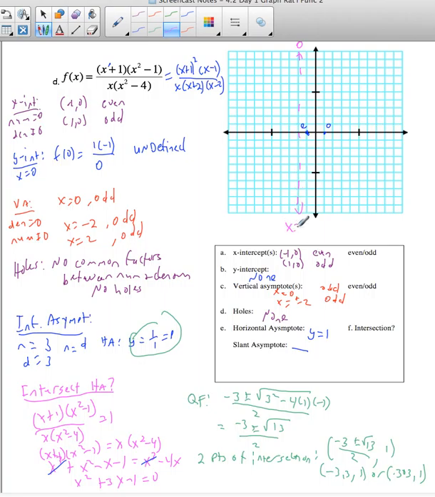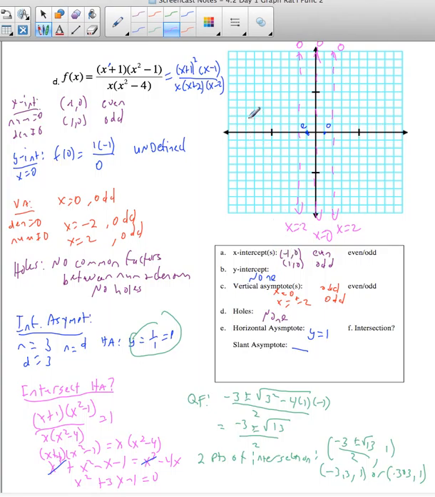So x equals negative 2, x equals 0, and that's odd. And x equals 2, and that's odd.